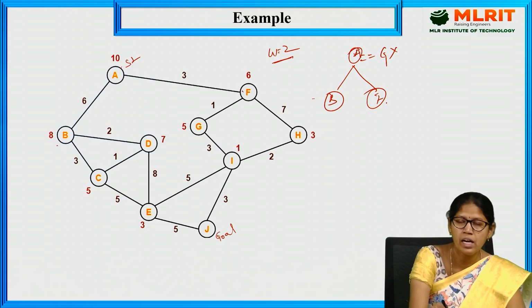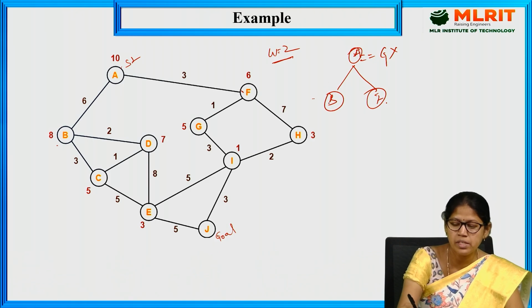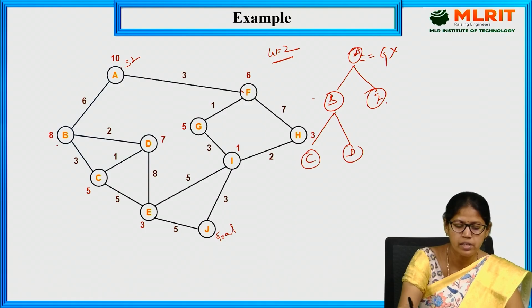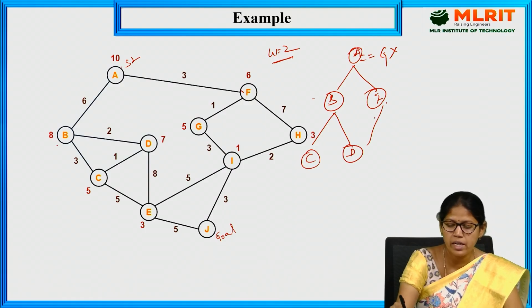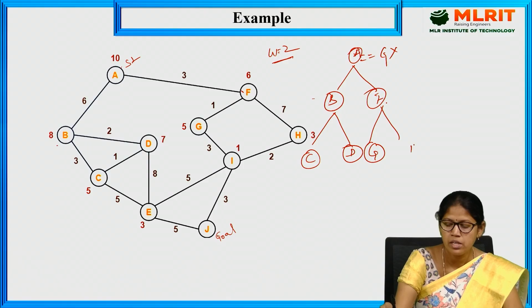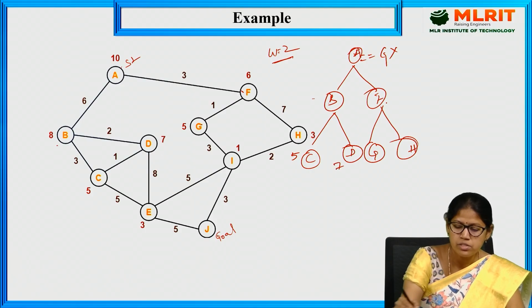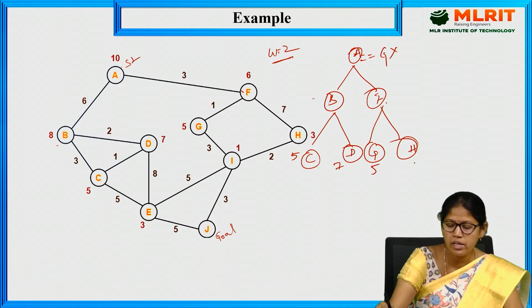So 8 and 6. It will explore B. B has C and D. Next, F contains G and H. Now C has 5, D 7, G 5 and H 3.